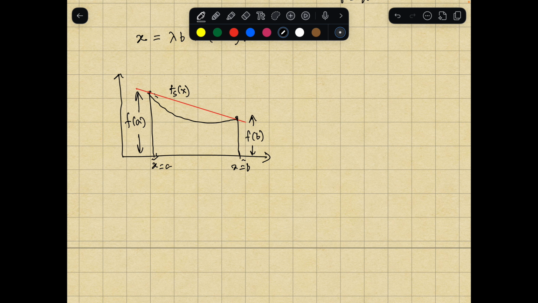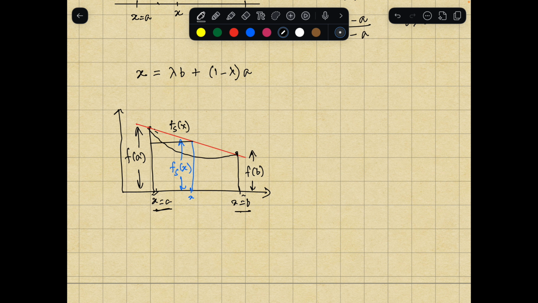Now how can we derive this straight line formula? We take a point x, and this is fs of x. Now we know that the slope of the straight line is constant. The slope calculated between x equal to a and x equal to b is (f of a minus f of b) by (b minus a).